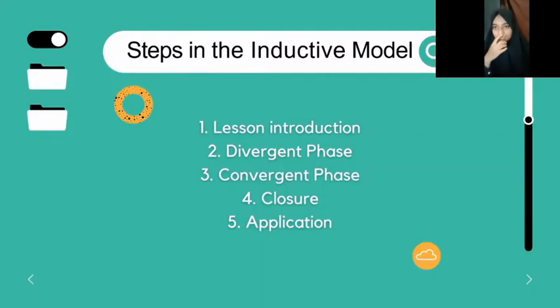The third step is the convergent phase. We also call it the closed phase of the inductive model, which involves challenging students to focus their thinking on the concept being examined. In here, the teacher's questioning is critical to ensuring the students are performing the type of thinking that will help them attain the desired understanding of the content being studied.